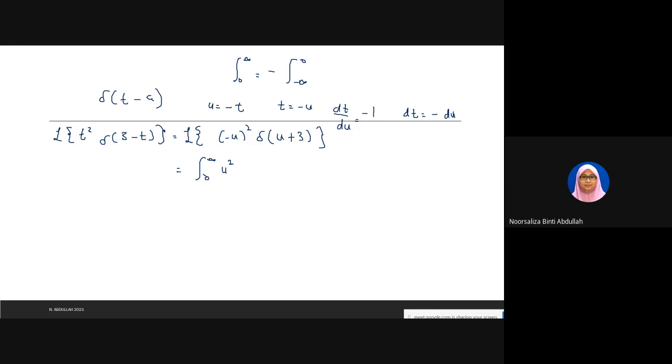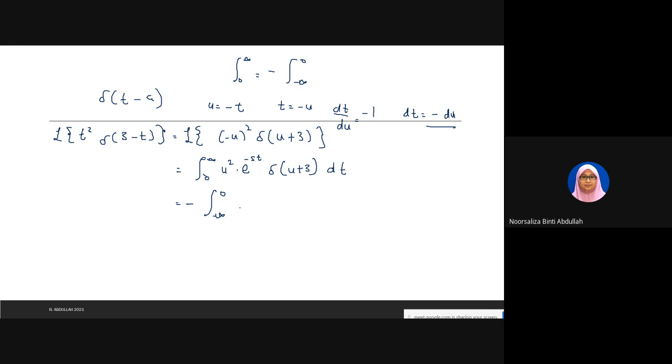Negative u square, you will get u to the power 2, times with exponent minus st, delta u plus 3, dt. And then you replace dt with minus du. Then it will be, the minus we take out, so it becomes negative infinity to 0.